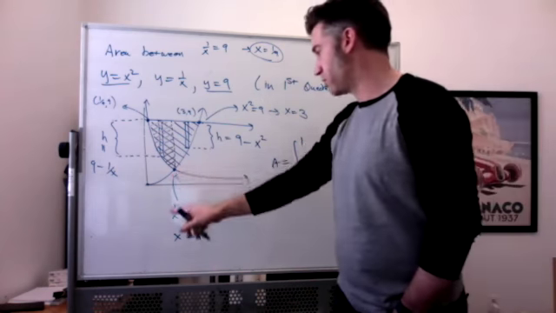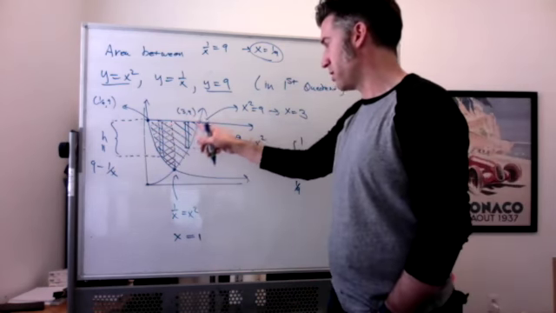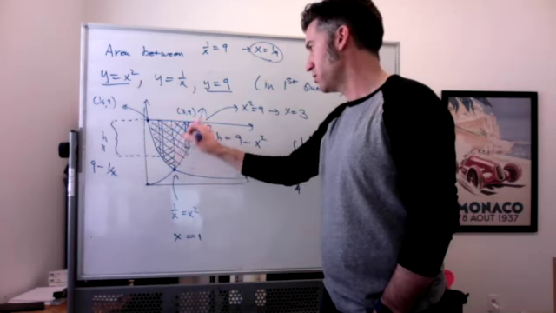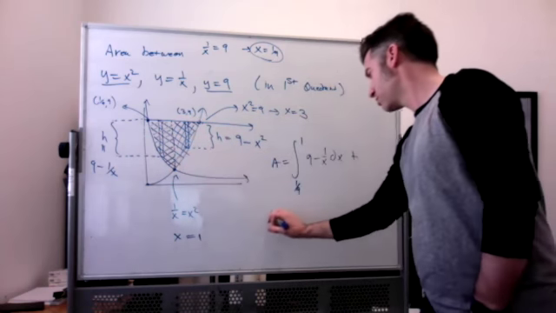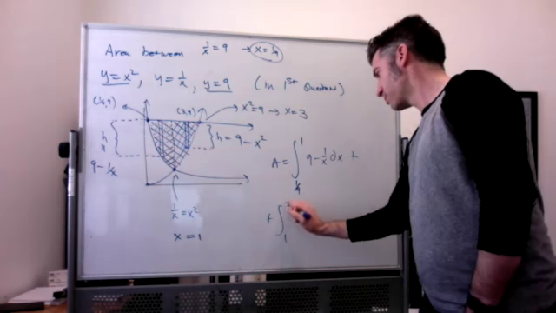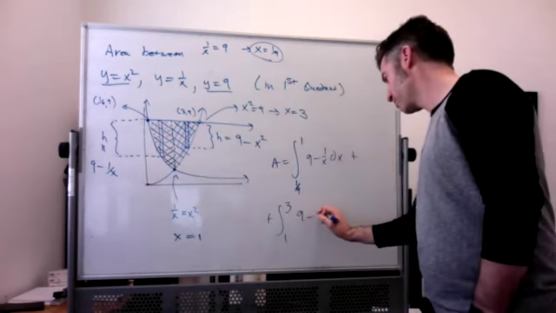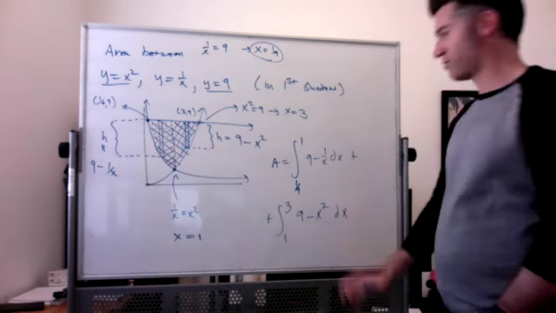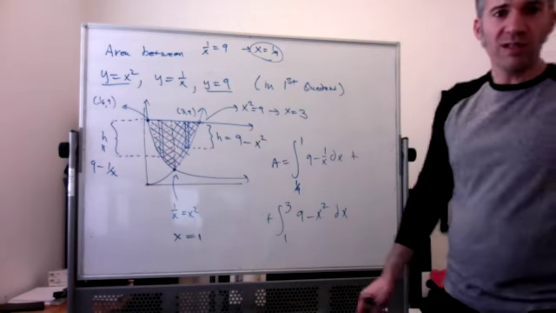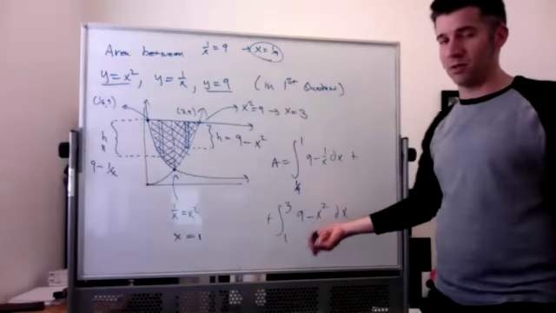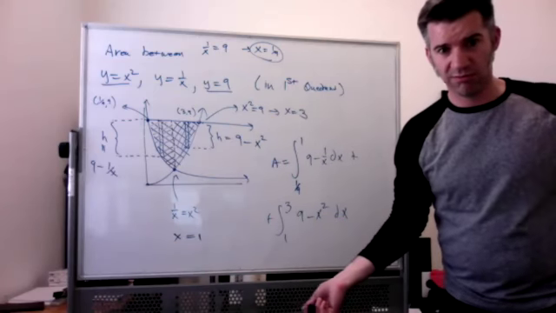From x equals 1 to x equals 3, so this region here, we have to do 9 minus x squared. Which is not terrible, right? Both of these integrals are totally doable.